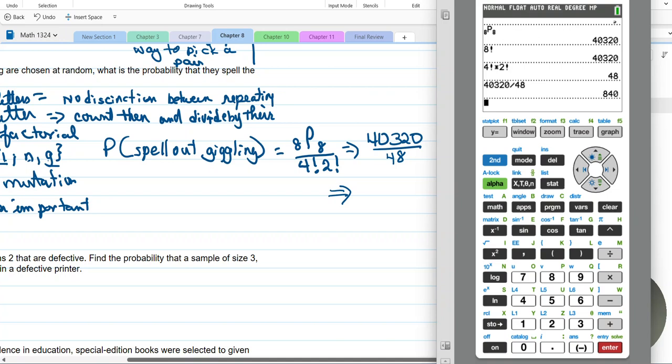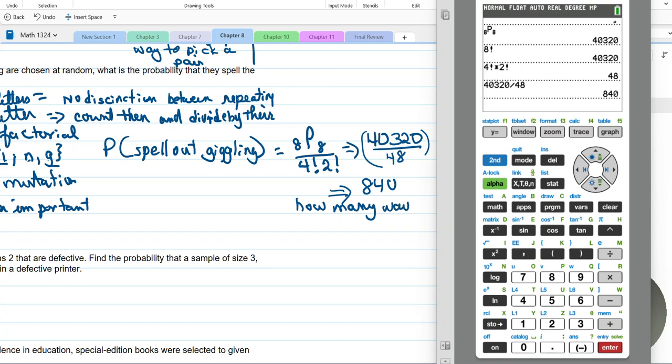840. Right? So now this tells us how many ways, not the probability is, but how many ways, without duplication.